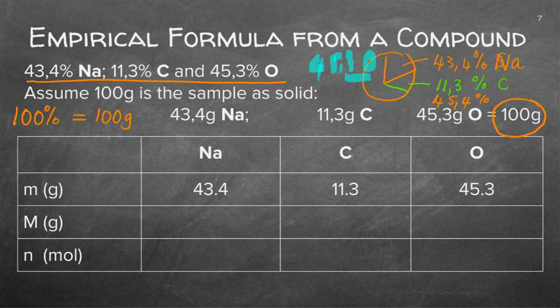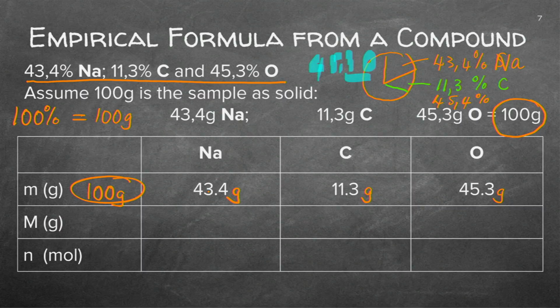So 43.4 grams of sodium is a portion of the 100 grams, because they will all total to become the percentage, which is 100%. I've got 11.3 grams of carbon, and I've got 45.3 grams of oxygen. Again, these 3 together gives me 100 grams.